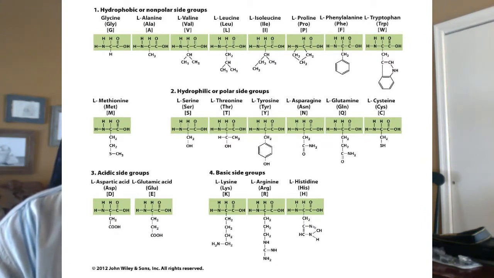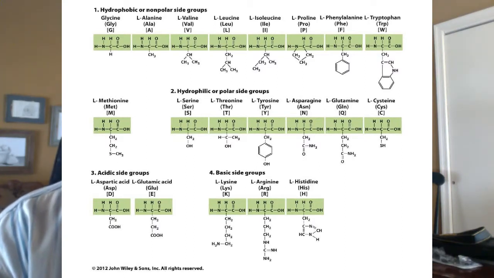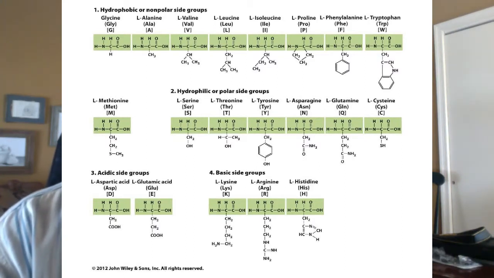In most cases, the first three letters are just the first three letters of the amino acid itself. However, you can see if you wander down to tryptophan at the end of the top row, tryptophan is TRY, whereas its three-letter abbreviation is TRP.